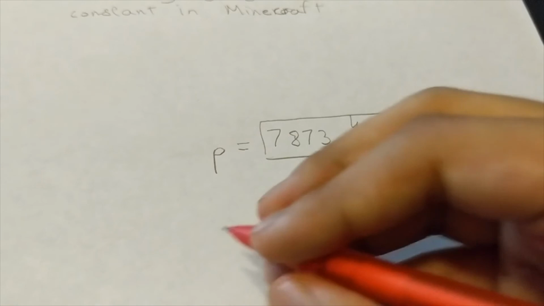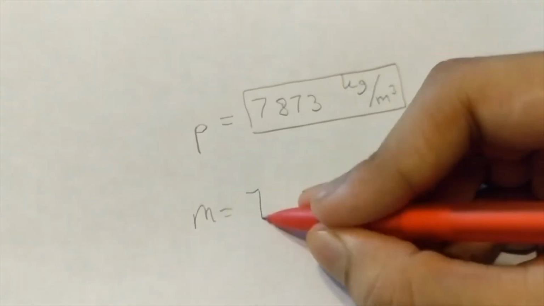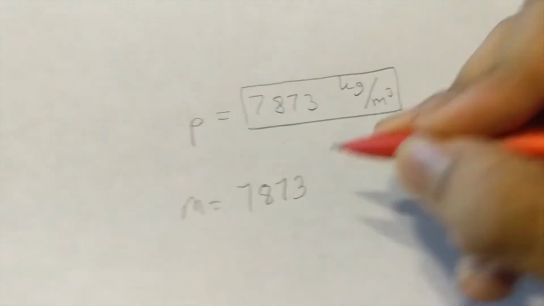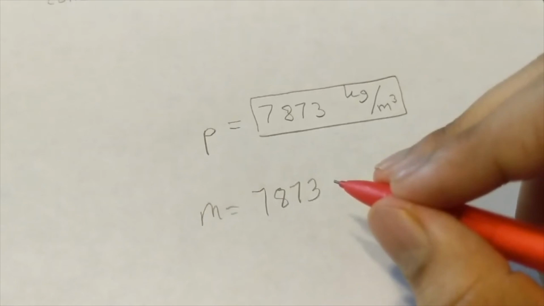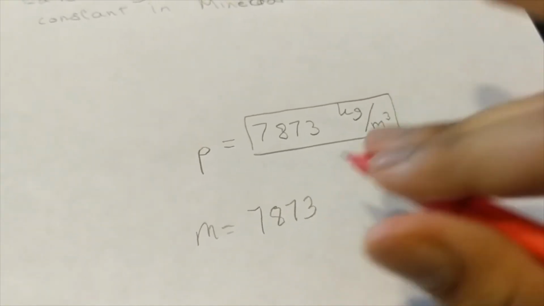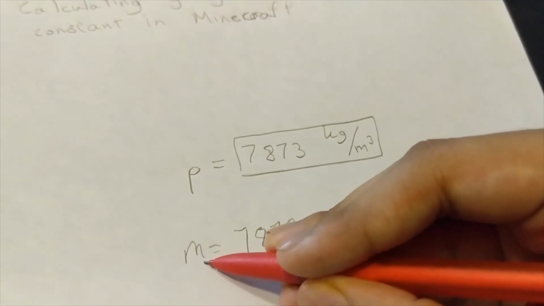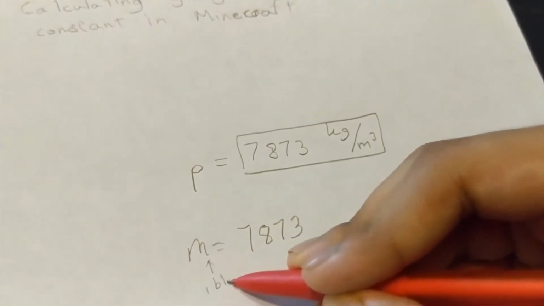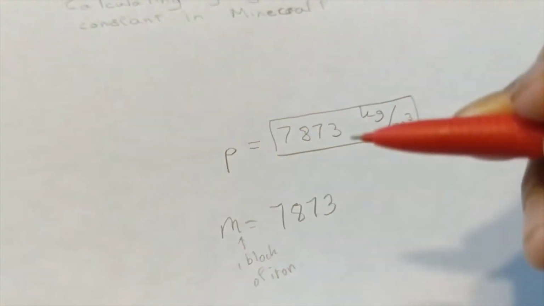So it's important to note that our mass is going to be 7,873. Now this is a block of iron, not the anvil. So this is the mass of one block of iron. Sorry for my handwriting.